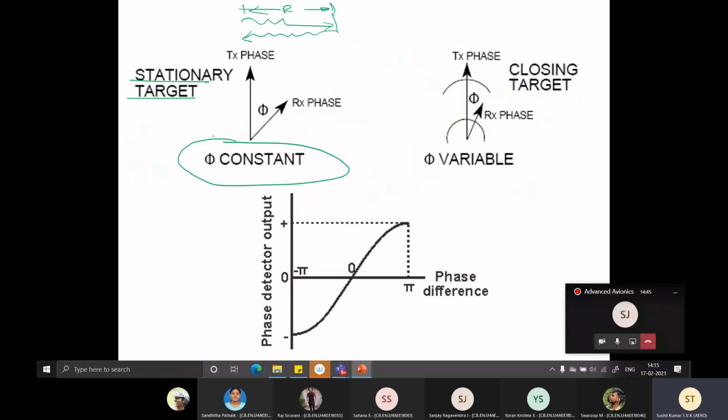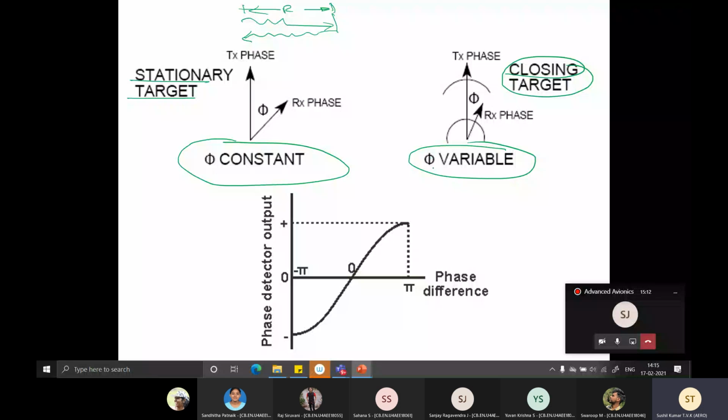What is coming out of a stationary target, the phase difference is going to be constant because the relative distance is the same. But the moment you have a moving target, whether it's closing or receding, this phase becomes variable. So with time, this phase difference between the COHO and the incoming signal changes.